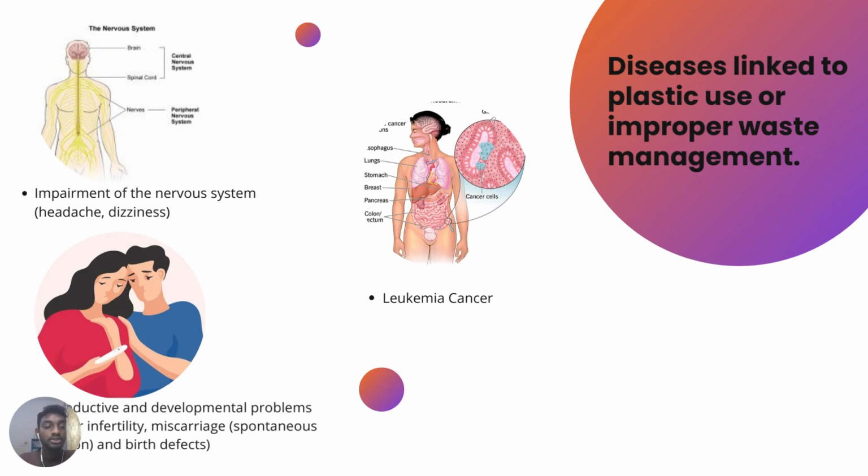It can also cause reproductive and developmental problems, which can risk infertility, miscarriage, and birth defects. So these are the diseases caused by plastic usage, and we all should know that we should reduce the usage of plastic in order to avoid these diseases.